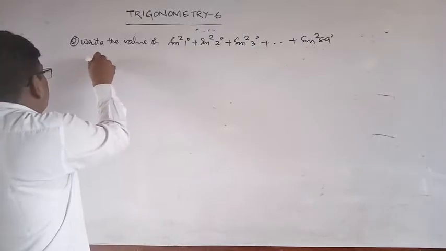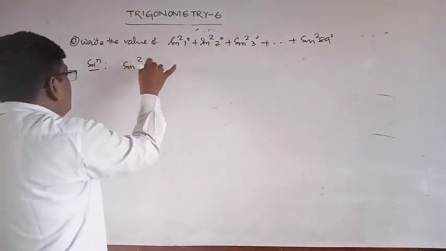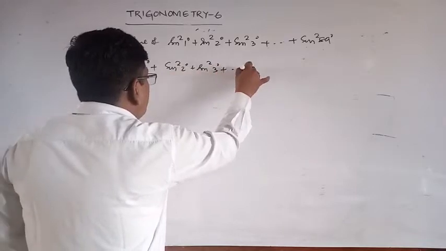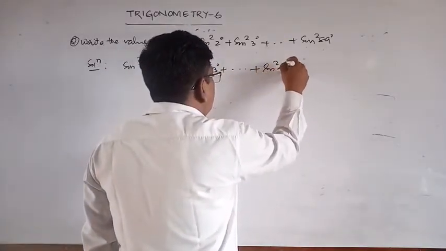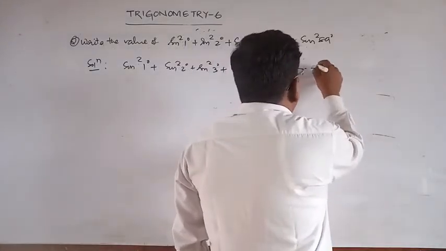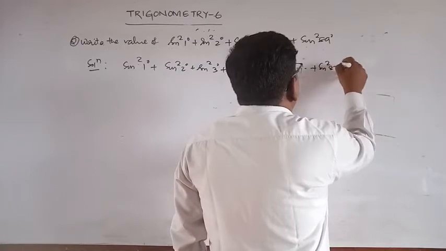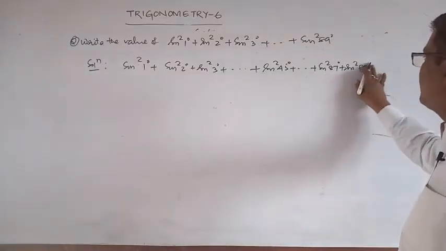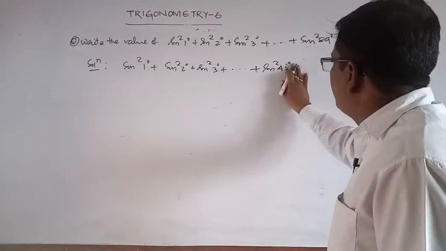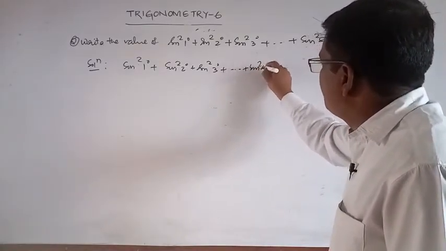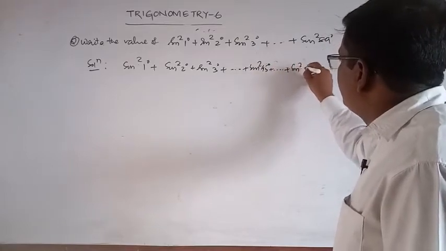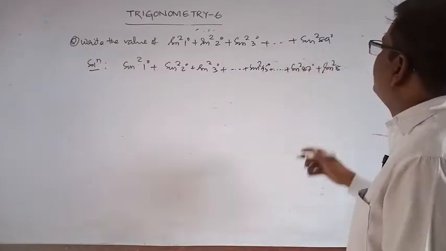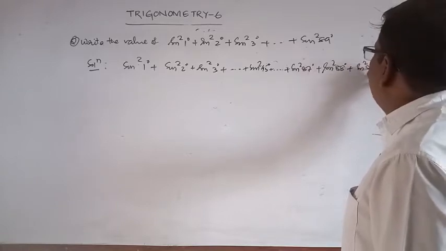So solution, this is sin²1° + sin²2° + sin²3° + ... up to sin²45° also there, and ... up to sin²87° + sin²88° and sin²89°.